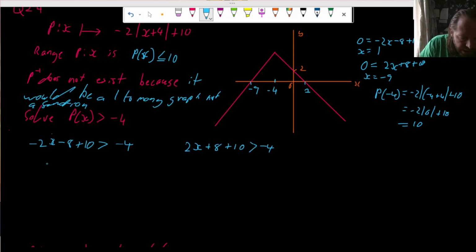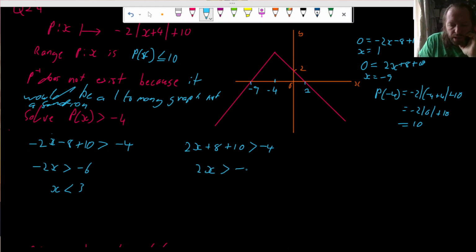2 things to solve there. So what do we have then? We've got minus 2x is greater than minus 14, bring 2 across, minus 6, and so x is, watch out for the change of the greater than, less than, 3. And on this one, 18 coming across, so 2x is greater than minus 22, so x is greater than minus 11.